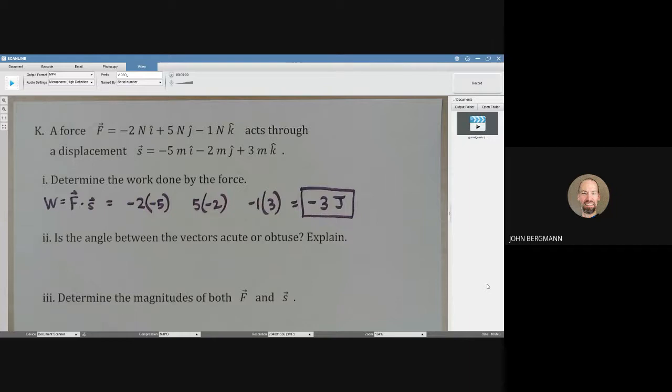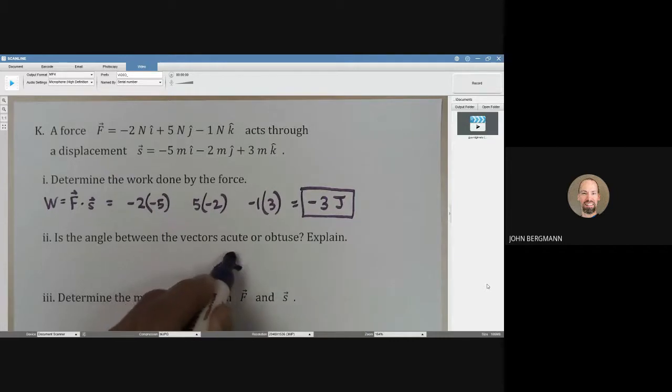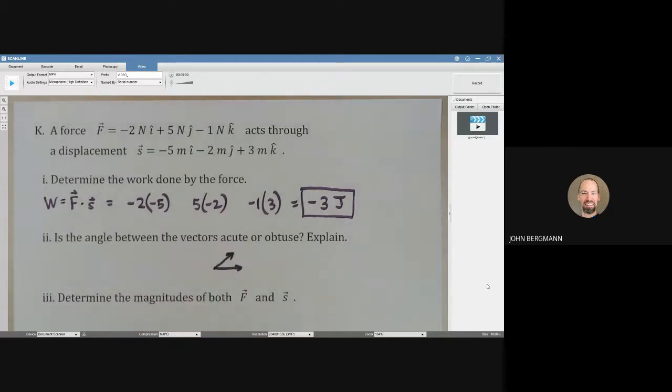Is the angle between the vectors acute or obtuse? Now, we need to know what acute and obtuse mean. Acute means that the angle between the vectors is less than 90. Obtuse would mean that the angle between the vectors is more than 90. We know that this angle is going to be an obtuse angle, and the reason it's obtuse is because negative work was done.